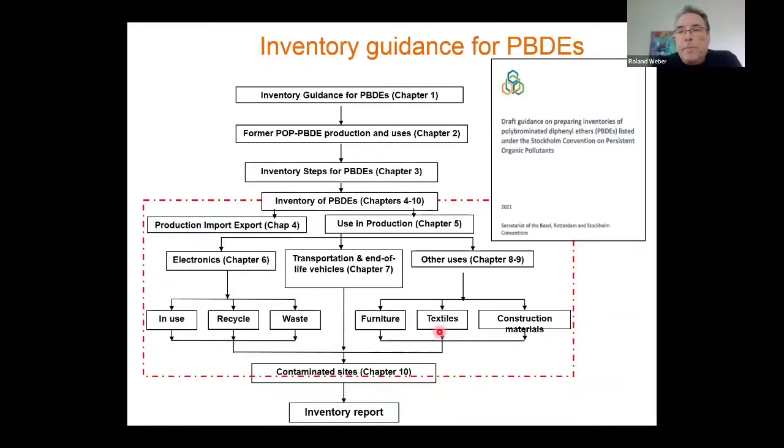Coming to the inventory, also for the PBDEs, we have a detailed inventory guidance, just updated in 2021 to combine all the PBDEs in one inventory guidance. Like I showed for the PFAS guidance, we have a chapter on the background of the listing of the PBDEs in chapter 1, then the former production and use of the PBDEs, the different inventory steps for the PBDEs, and then the individual uses, including import of PBDEs and production, because it's still allowed, and the use in production.